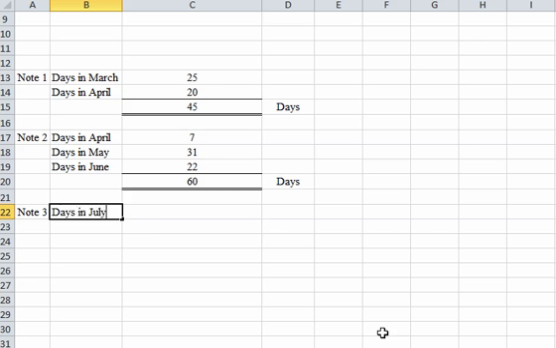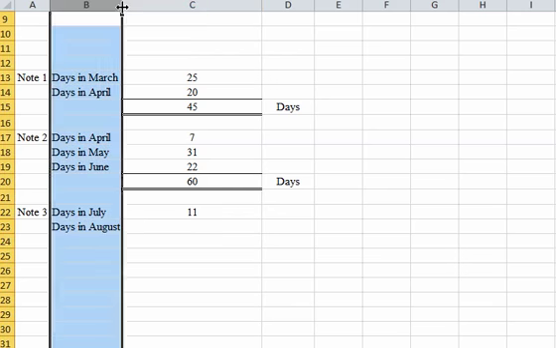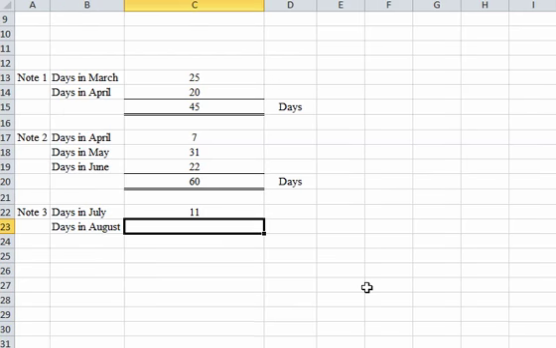So days in July is where we'll start. It's going to be equal to, we won't count those first 20 days. There's 31 days in July minus the 20 that already occurred that we're not picking up. That means 11 days that we're going to pick up in July. Days in August, 31.